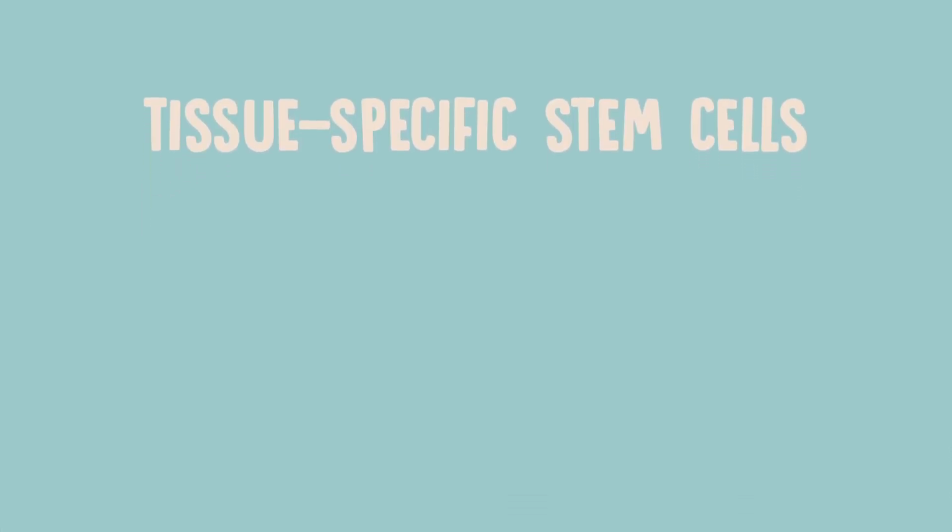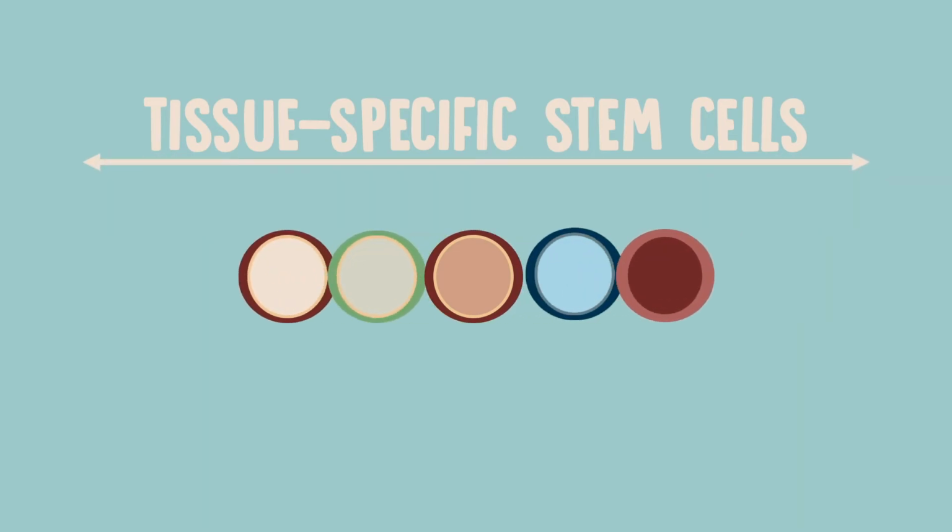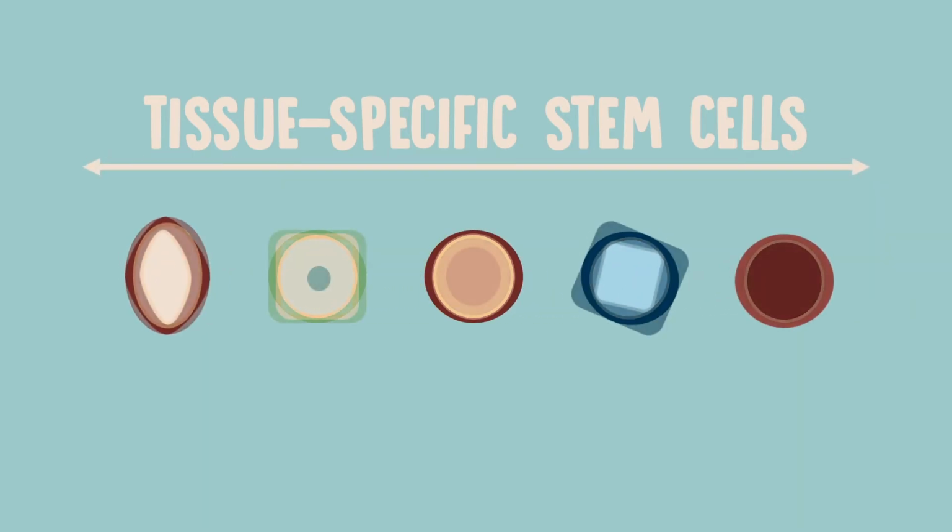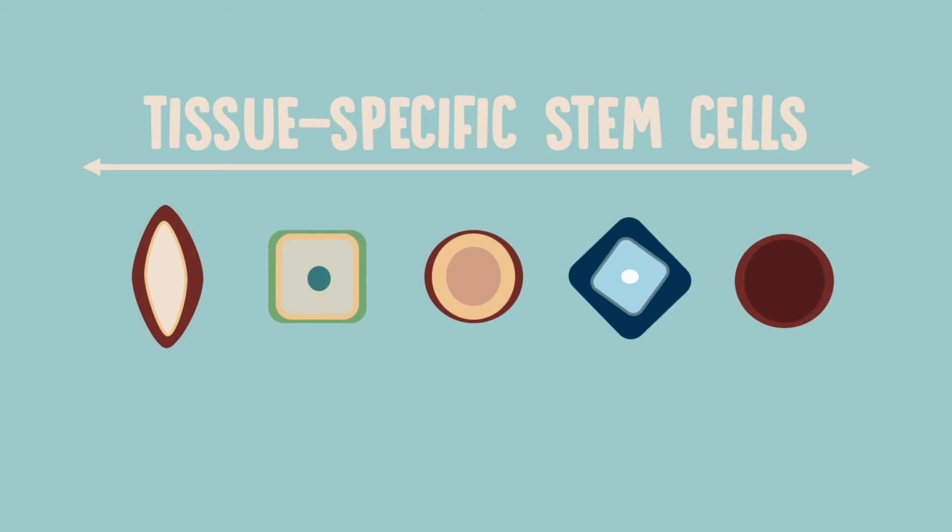Tissue-specific stem cells or adult somatic stem cells are cells that continue to divide for the lifetime of the organism. They are committed to generate multiple organ-specific cell types and are found in several organs that need to continuously replenish themselves like the blood, skin, gut, and brain.